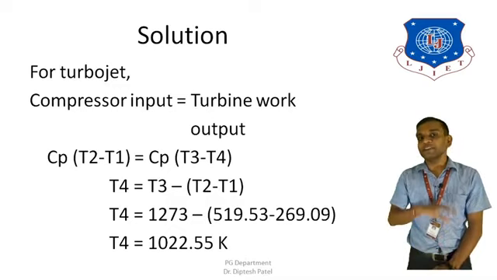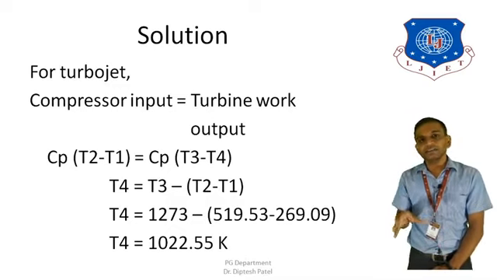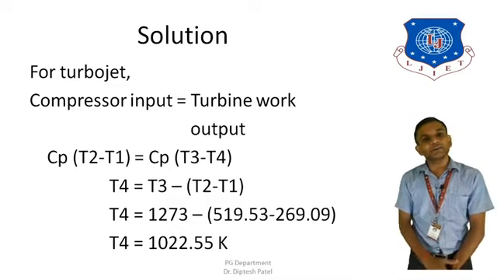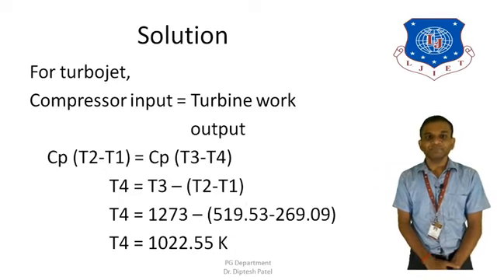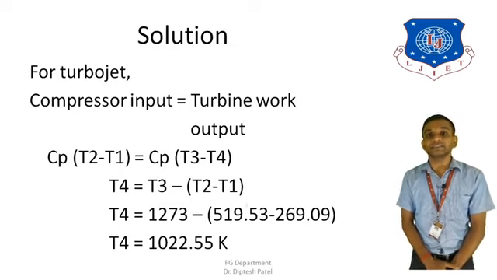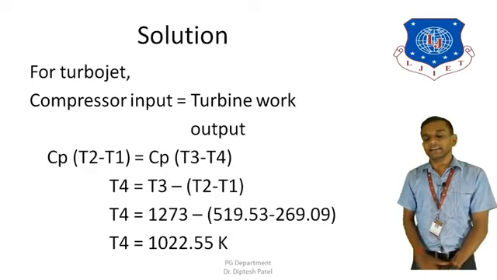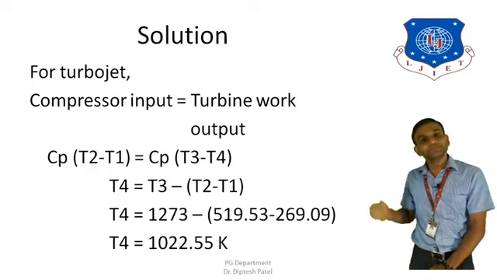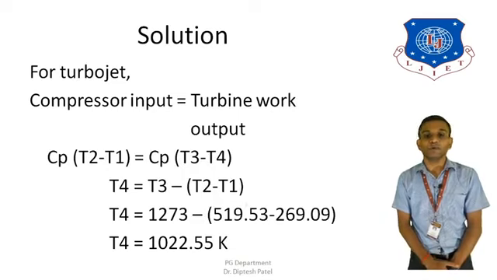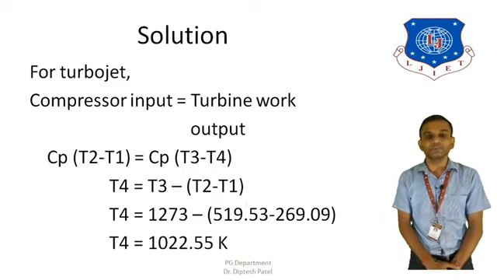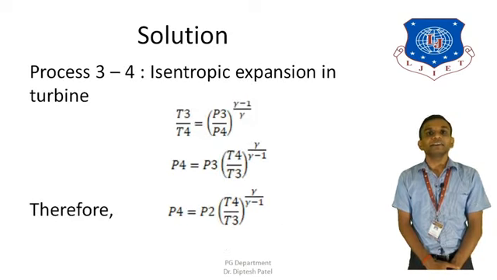I am going to put the values in that equation. So we know that T3 is equal to 1273, that is given, minus T2 that has been found out, that is 519.53, and T1 is 269.09. So by putting the values over here I can get the value of T4, and that is 1022.55 Kelvin. So that is the value of T4.